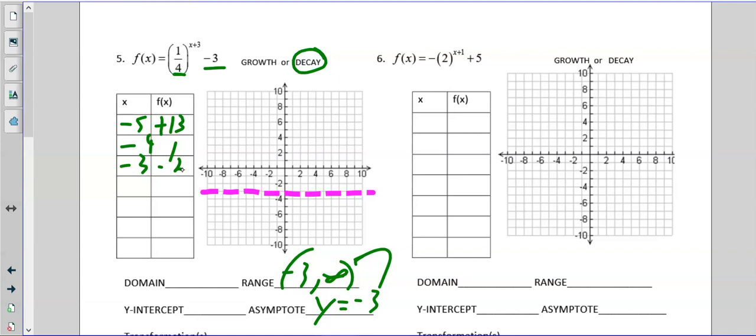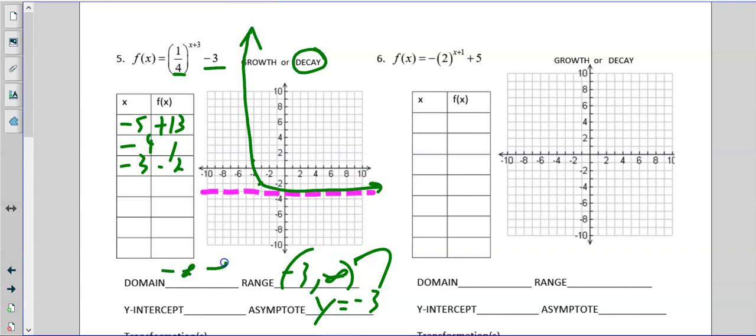So -5, 13 is going to be up here somewhere. And I just want to give that as a guidance because we really don't have a lot of points. -4, 1, and -3, -2 right here. So this just kind of gives us an idea of where to go with it. And then again, we're just going to ride it out just like that. All right. That's all we can do.